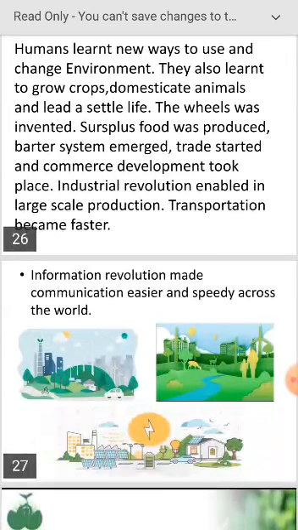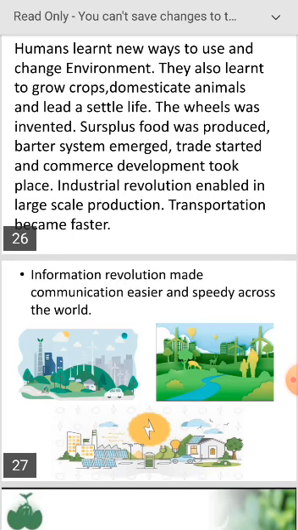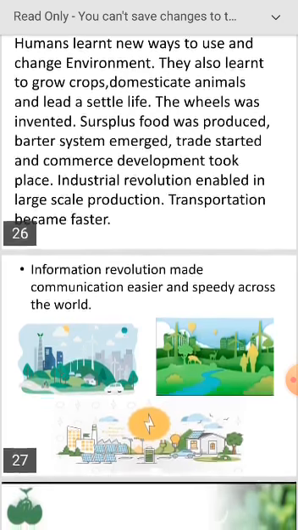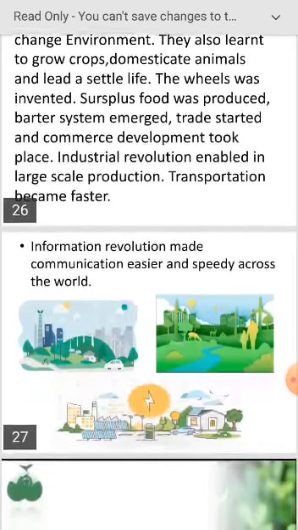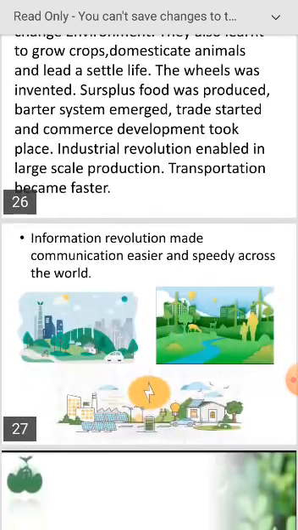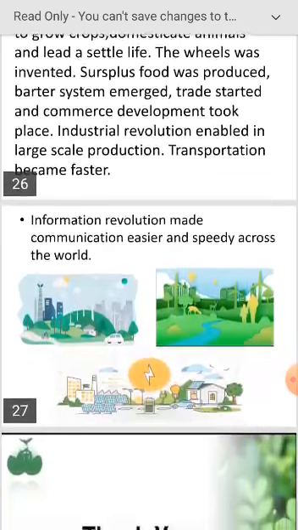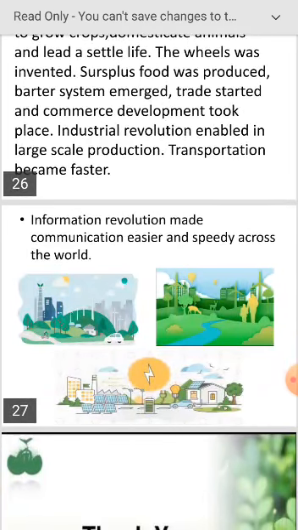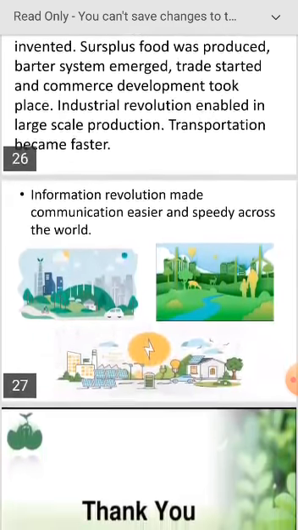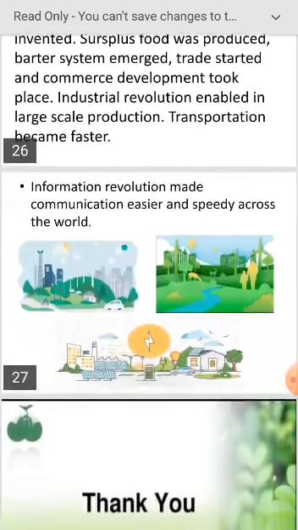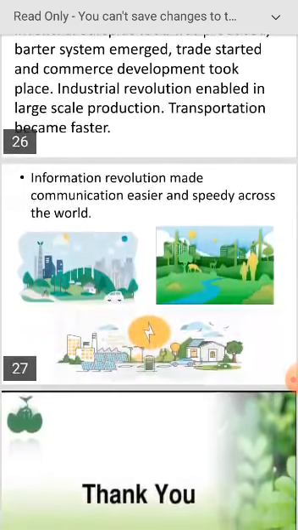This is how development started. The wheel was invented, surplus food was produced, the barter system emerged, trade started, and commerce developed. The industrial revolution enabled large scale production.